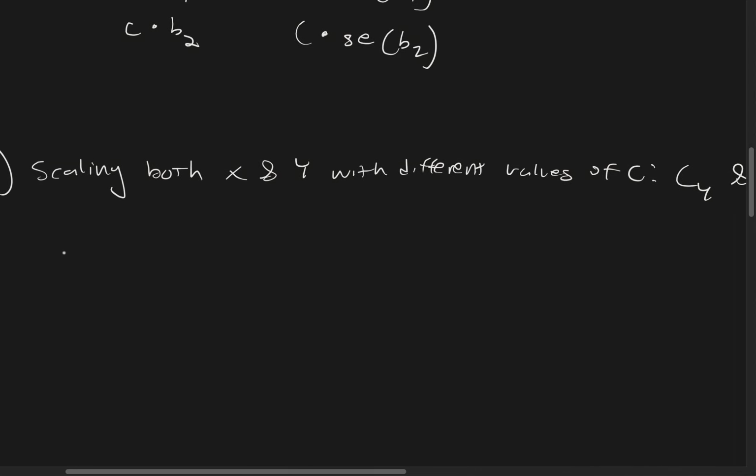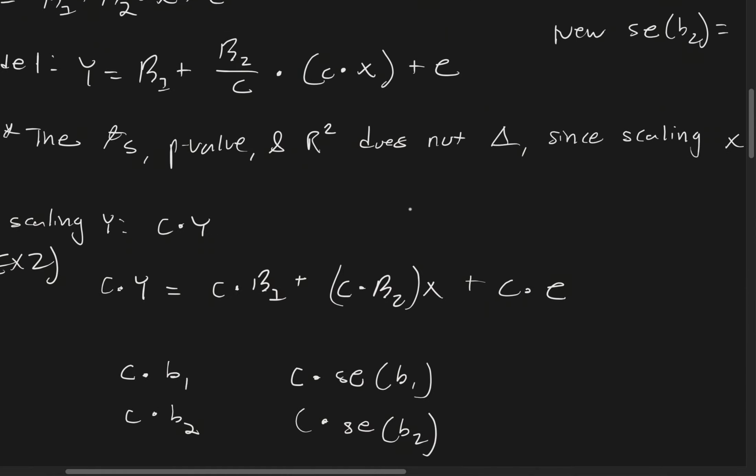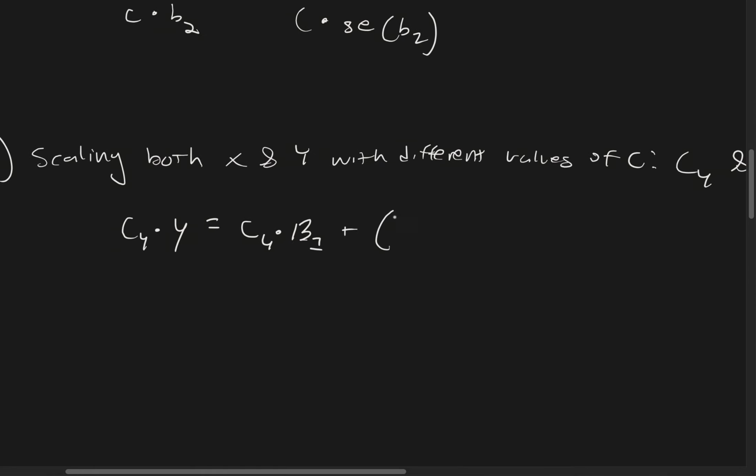So factoring both of that, we can write that as y multiplied by its constant, and then beta 1 multiplied by the constant that belongs to y, plus for beta 2, when we scale x, beta 2 is impacted by both the constant of y and x.